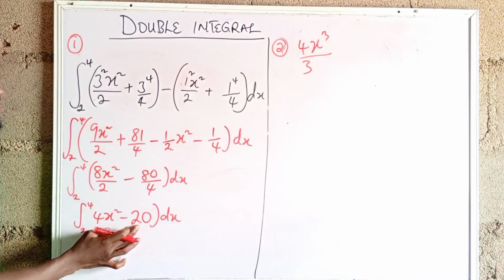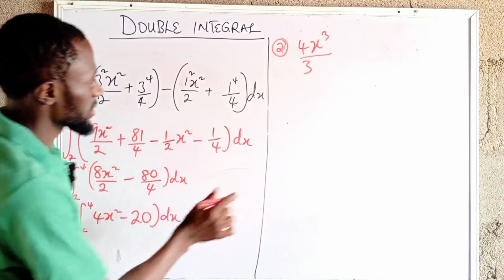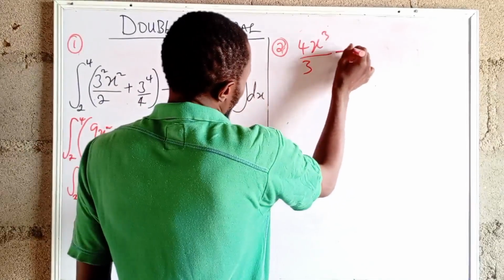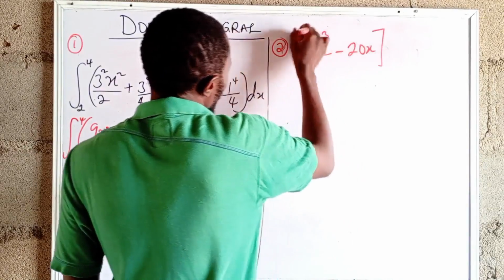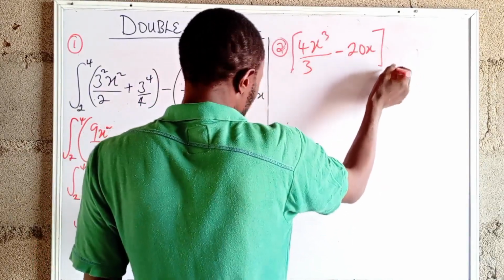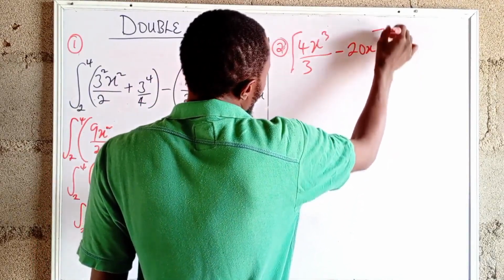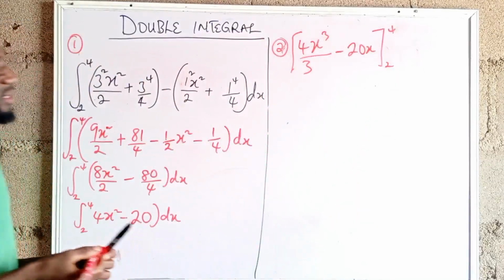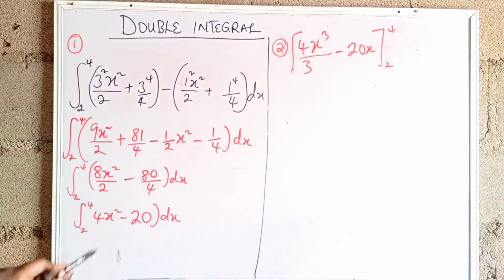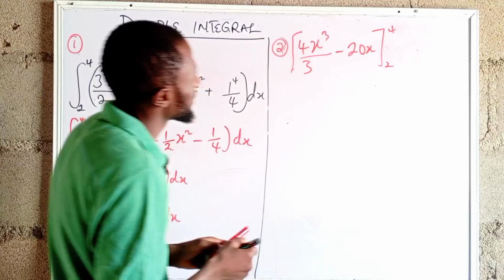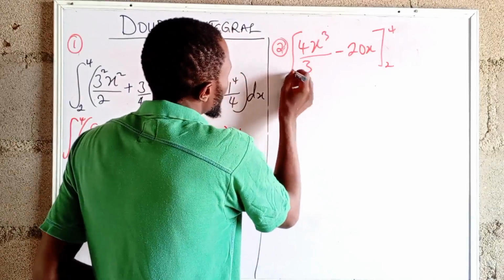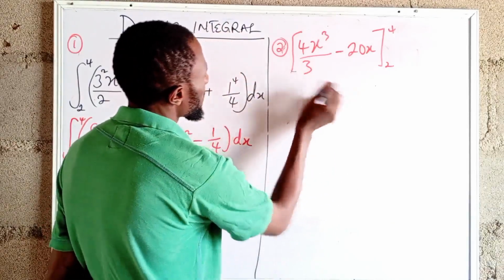Then you integrate 20, and you get minus 20x. By taking the limit from 2 to 4. Now we are going to take the limits from 2 to 4 after the integration.